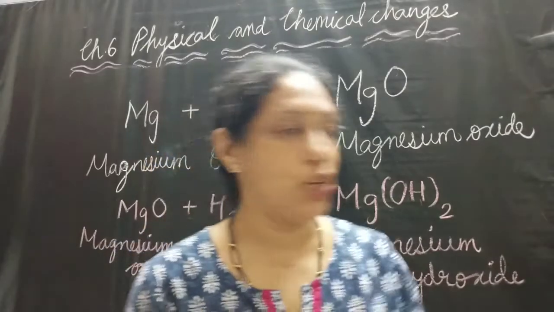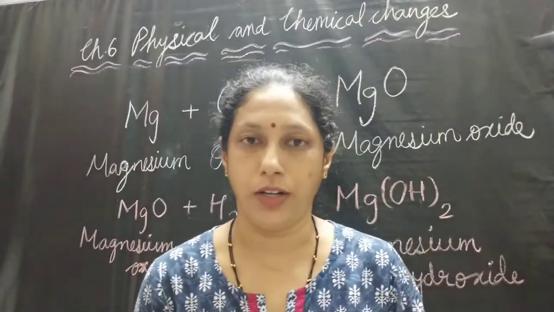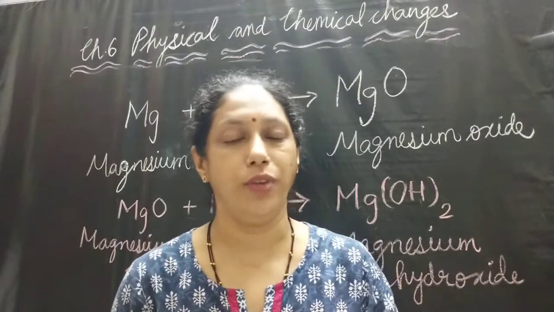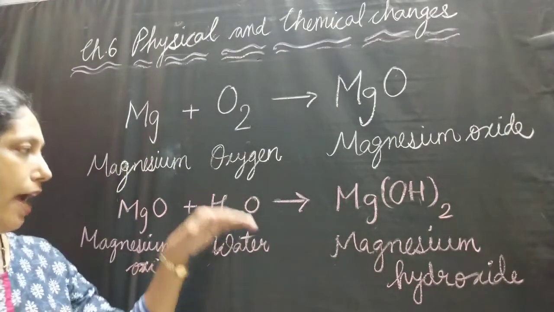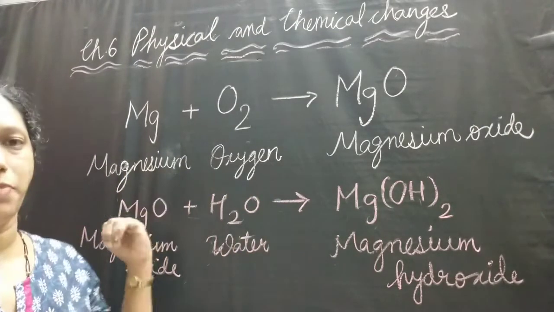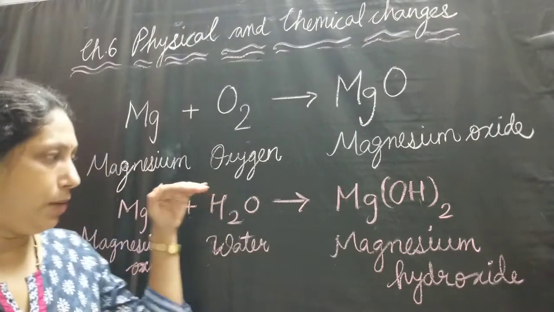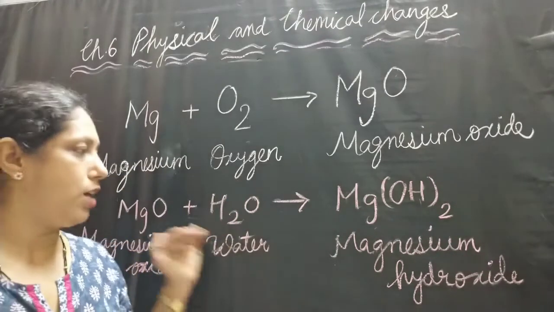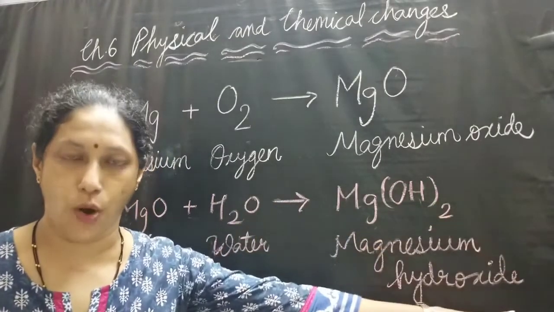After that, this magnesium oxide is mixed with a little amount of water and an aqueous solution of it is made. Because of this, a chemical reaction occurs and magnesium hydroxide is formed.